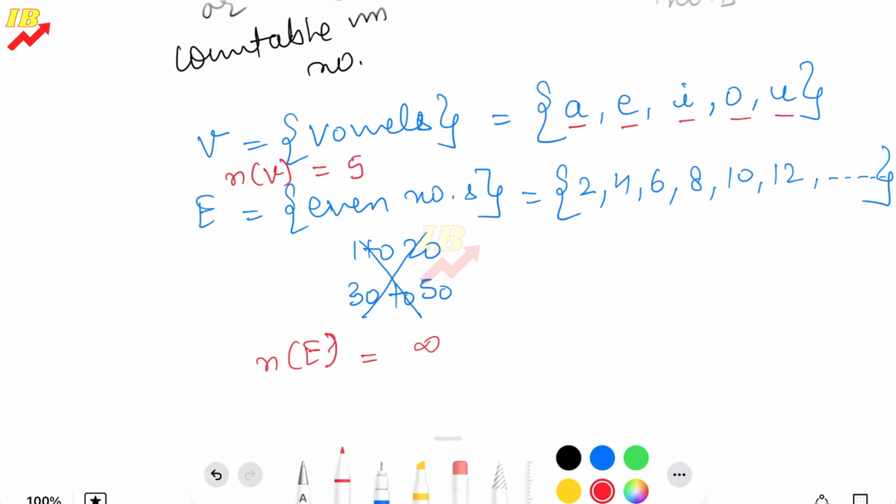This is the sign of infinity. Or if you don't want to write the sign, just directly write infinite. So this is an example of an infinite set, and V is an example of a finite set because we can count it.